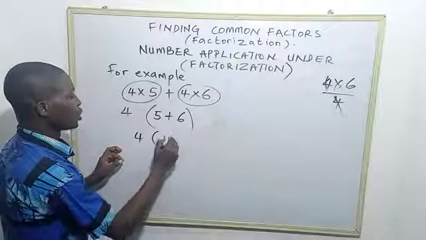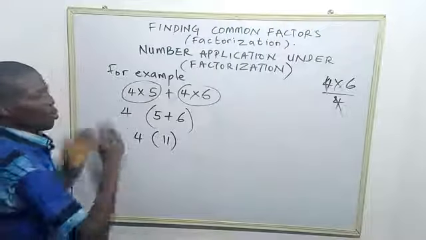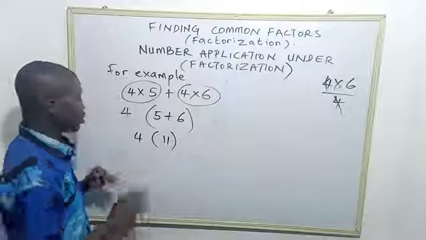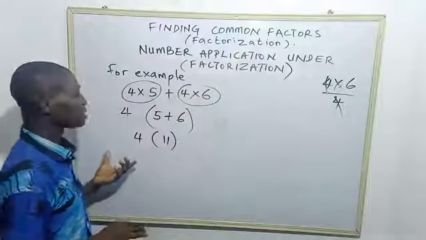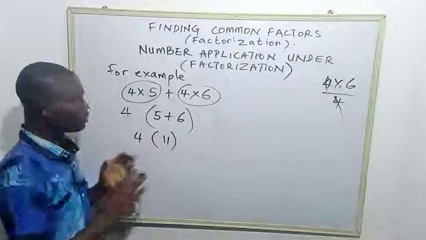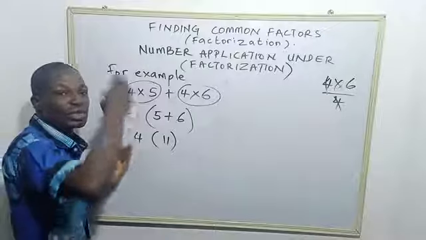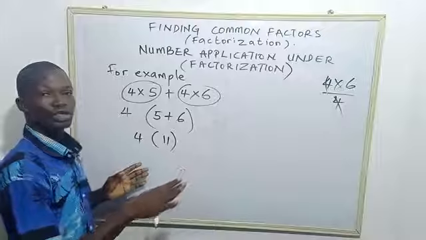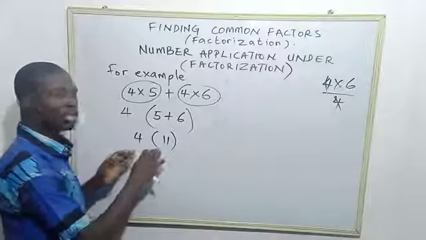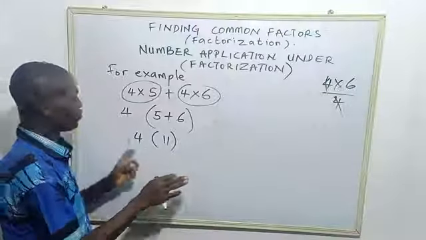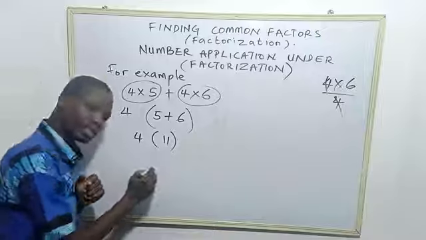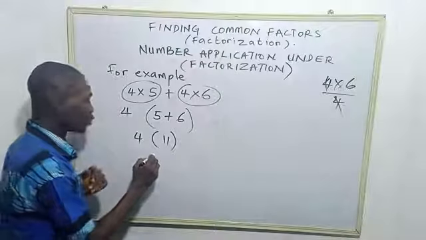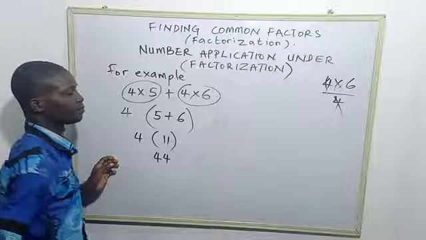5 plus 6 is what? 11. Good. Write it. So the rule: whatever you have outside the bracket, if the bracket is not separated with minus or plus from that thing, what you do is multiplication. So in this case, they want you to multiply. 4 times 11 is what? Good, 44.